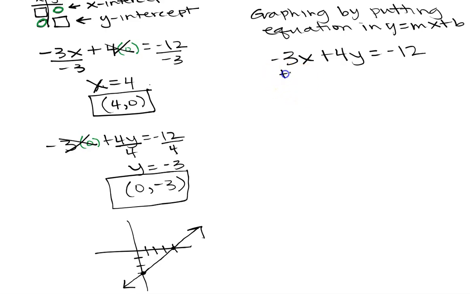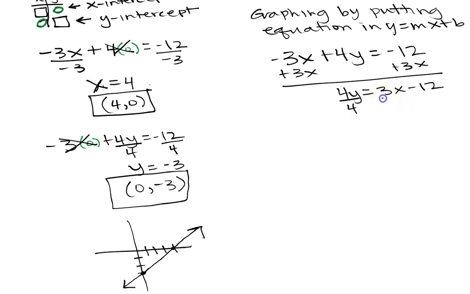So I'll start by adding the 3x over. So now I'll have 4y equals 3x minus 12. And then I just need to divide everything by 4. That will give me y equals 3/4 x minus 3.